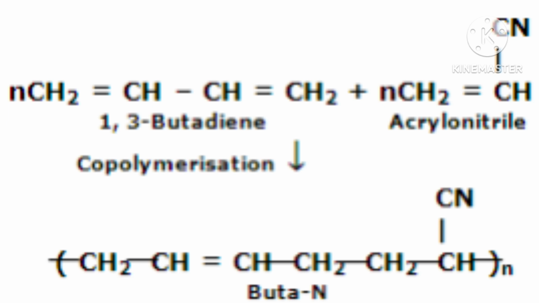So you can represent it as CH2, C, CH, CH2: the first carbon is CH2, the second is C, the third is CH, with a double bond between the second and third, and Cl attached to the second carbon, and the fourth is CH2.